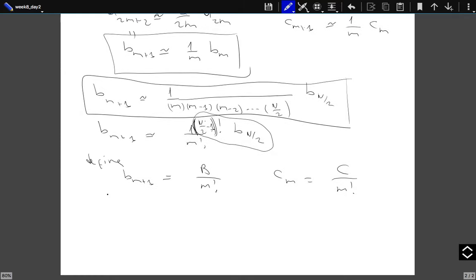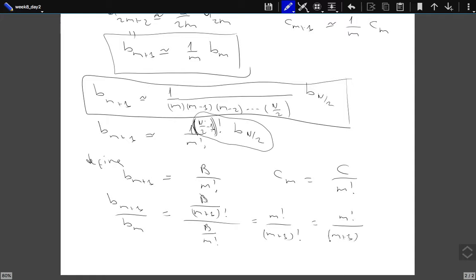Well, let's look at b_{m+1} over b_m. This is b over m plus 1 factorial divided by b over m factorial. Well, b's will cancel. This is m factorial over m plus 1 factorial. This is m factorial over, if you just use the definition, m plus 1 times m factorial.